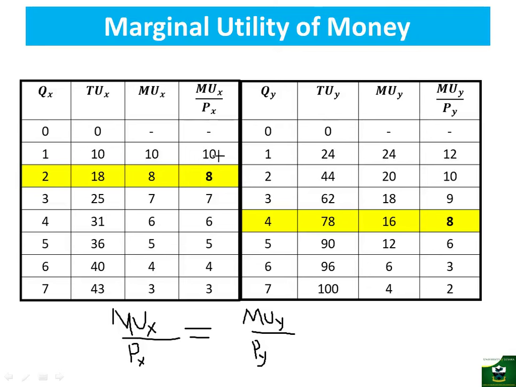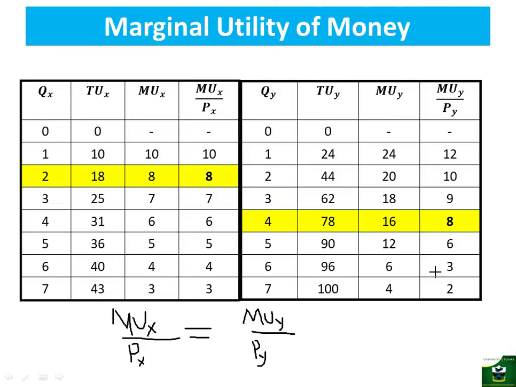Clearly, you will see that we have 10 here and we also have 10 here. We have 8 here and we have 8 here. We have 6 here, we have 6 here. And then these are the 3 points of equilibrium. Actually, we also have 3 here and 3 here, meaning these are the 4 points of equilibrium that we have from this table.